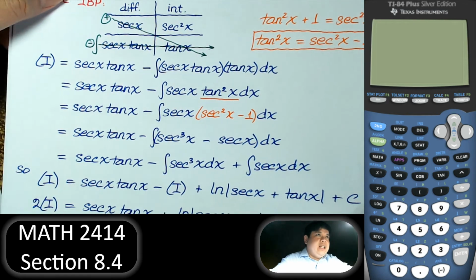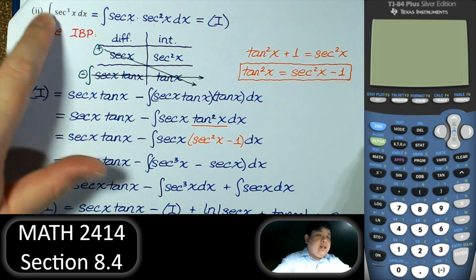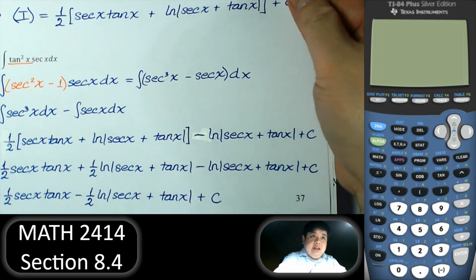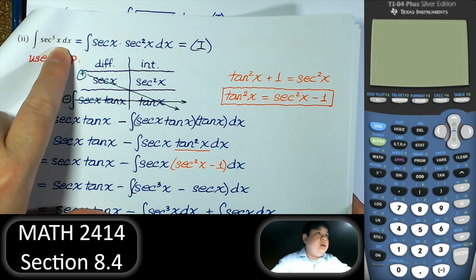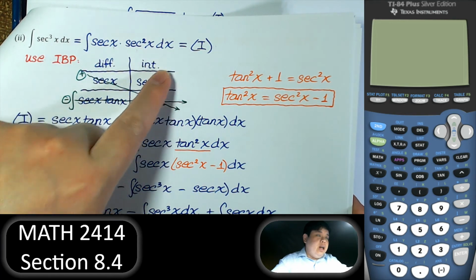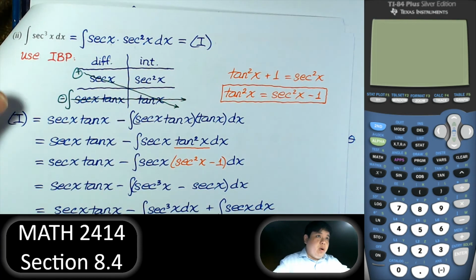Right, secant cube. This is in section 8.3, page 37 in the notes. Secant cube, we write like that, integration by parts.